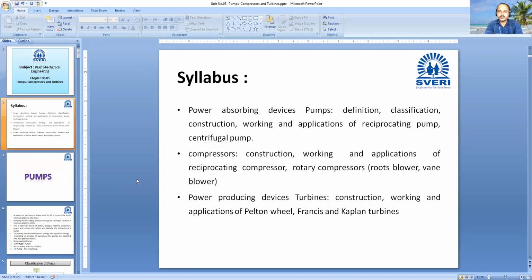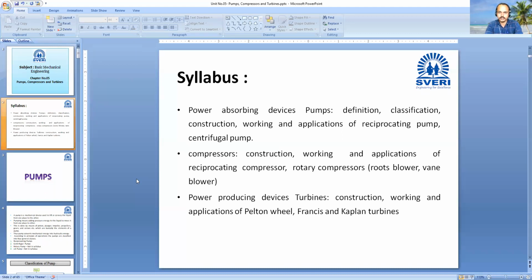Reciprocating pump and reciprocating compressor have nearly the same construction, but the working fluid is different. In pump it is water, maybe water or sometimes liquid in the industry, and in compressor the working fluid is air. Do you get it?